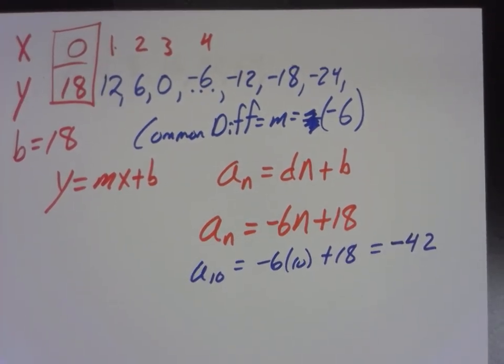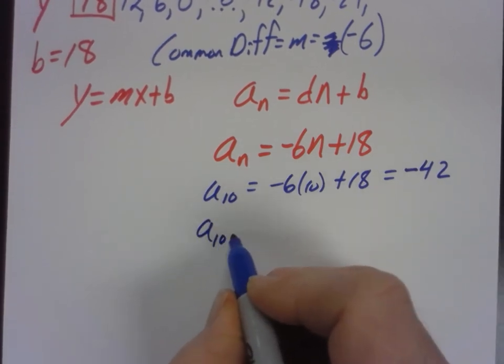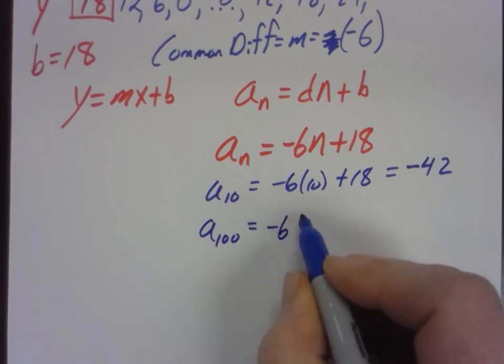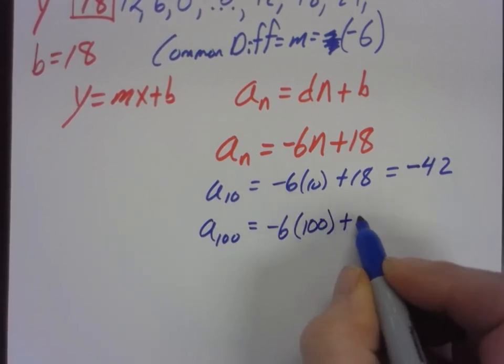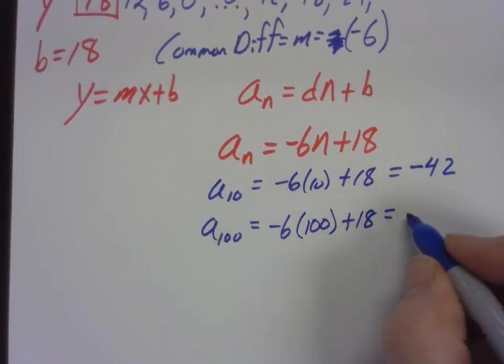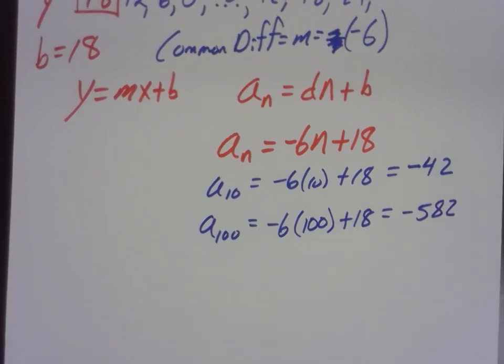Is that what you guys got? Yeah, you did that one. But you didn't do a sub 100, did you? Okay. Did you figure it out? -600 plus 18. I believe I said it was -582. Did I get it right? Yeah. Okay.